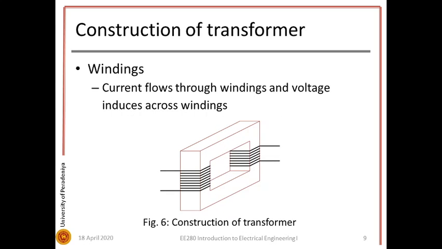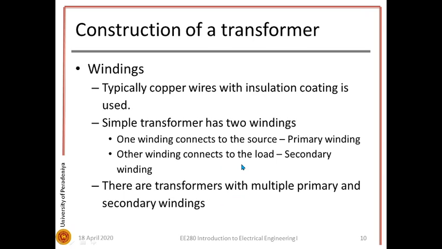Then you have the windings where the voltage sources or the loads are connected, and the currents are going to flow through these windings. So in a simple transformer you will have two windings, one in this manner and the second one in the other way. But in some other transformers you may have more than two windings.